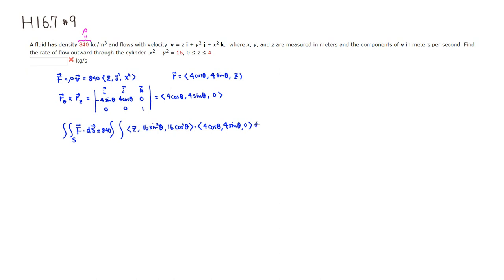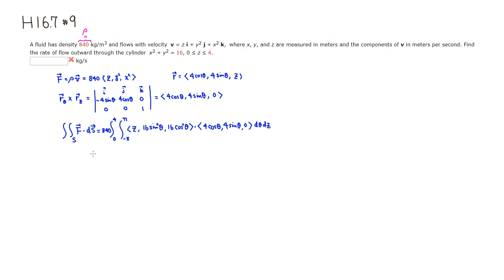Then we have d theta dz. In this case, theta we can do either 0 to 2 pi or negative pi to positive pi. We just have to go around once. I'm going to use negative pi to positive pi so that we can simplify things more easily. And then z is going from 0 to 4.